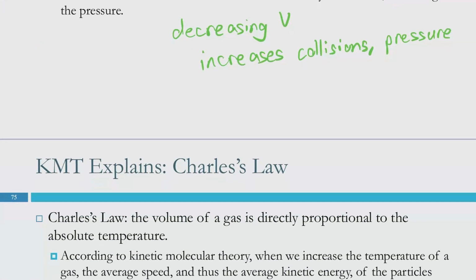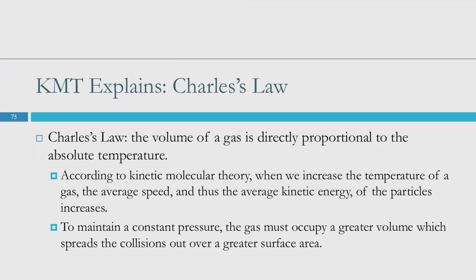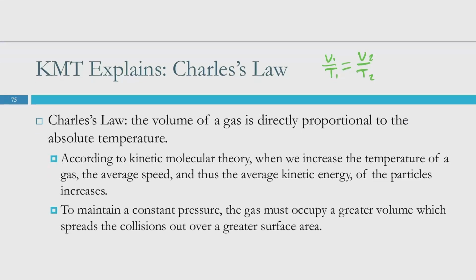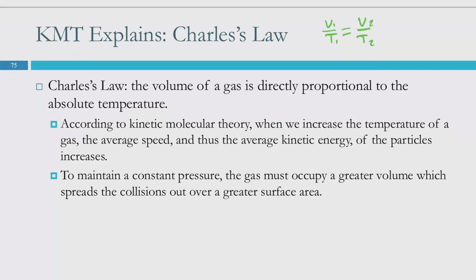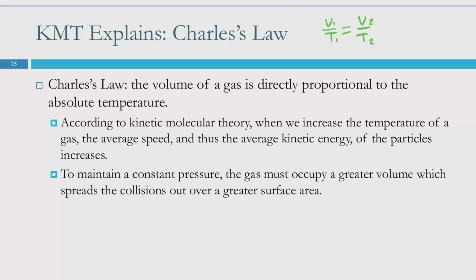We also have Charles' law. Charles' law tells us that the volume of a gas is directly proportional to the absolute temperature. You might also know it as V1 over T1 equals V2 over T2. So with kinetic molecular theory, when we increase the temperature of the gas, the average speed increases.